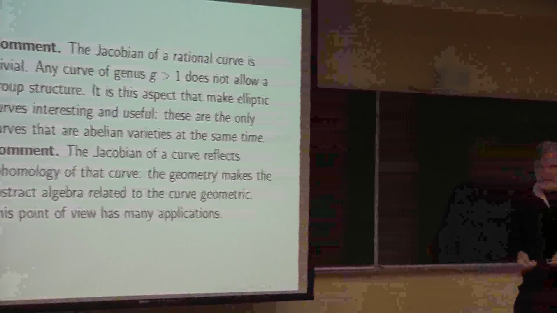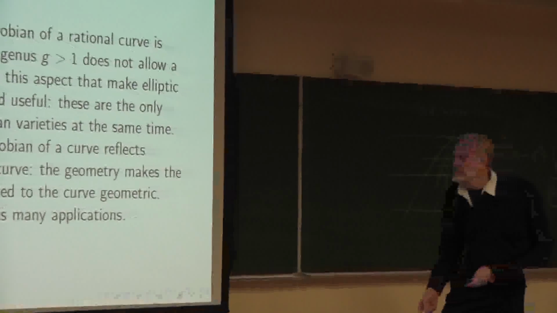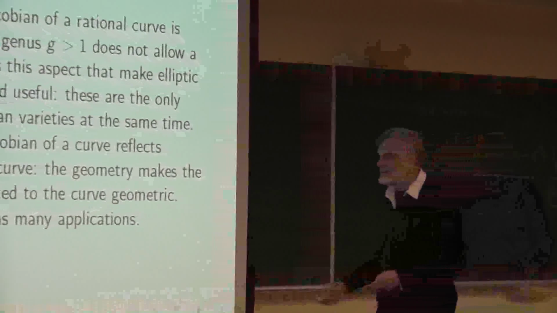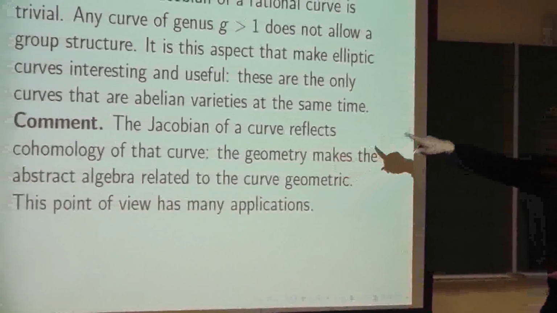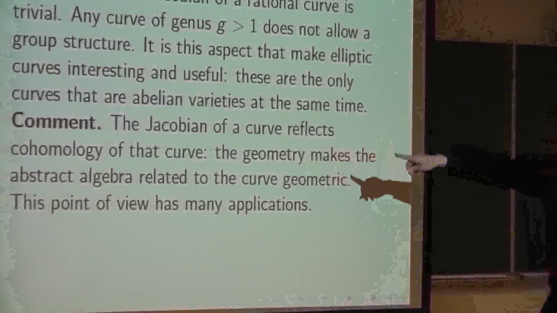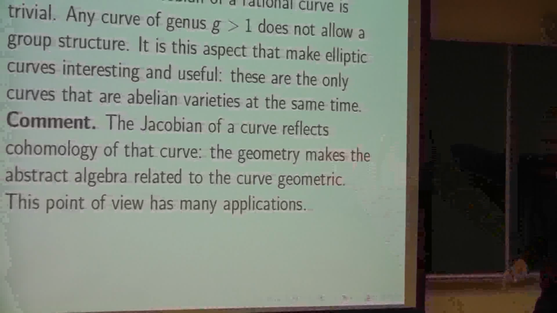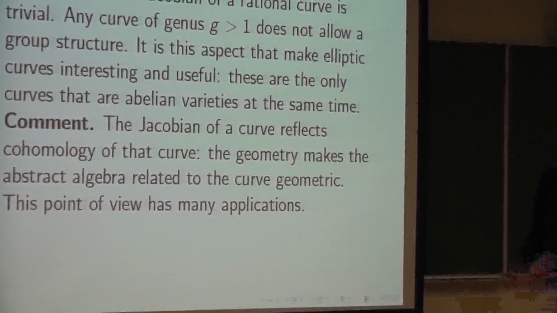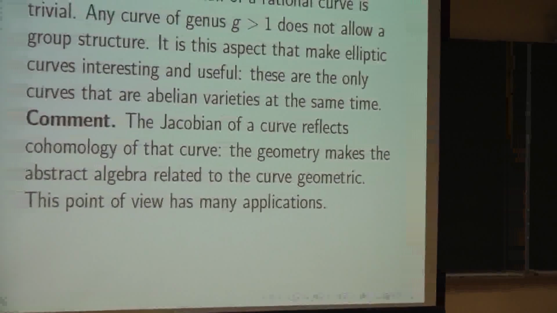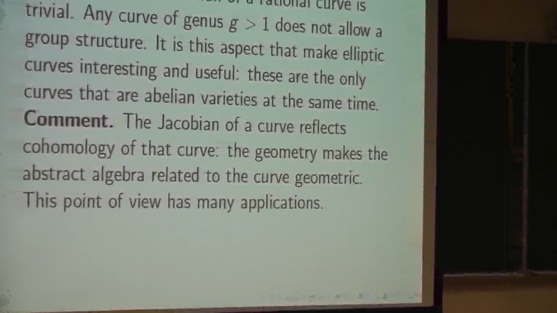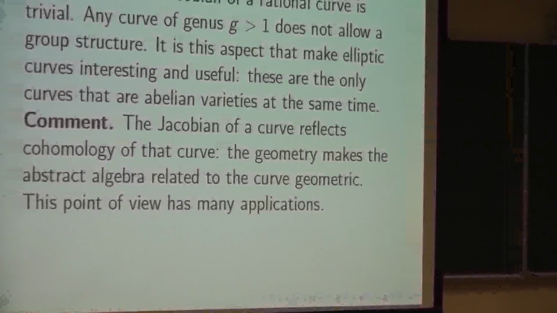Can you do a lot of theory with it? The beautiful fact is that the Jacobian tells you what the cohomology is, but moreover, the Jacobian has a geometry. So the Jacobian of the curve reflects the cohomology of the curve, and the geometry makes the abstract algebra related to the curve geometric. And this point of view has a lot of applications.